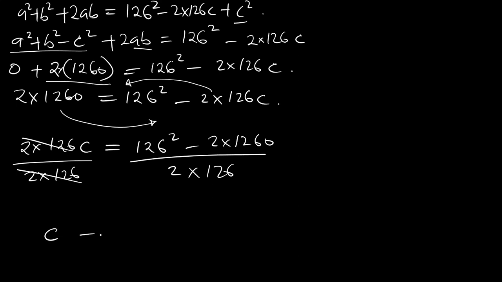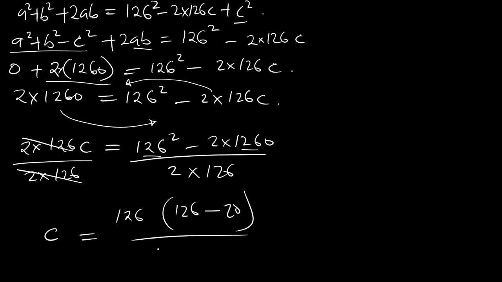You have C equal to, now if you look at this properly, you see that 126 is common here and here. So if you factor it out, if you use 126 to divide this, you have 126. Now minus, if you use 126 to divide 2 times 1,260, you have 10 times 2, which is 20.